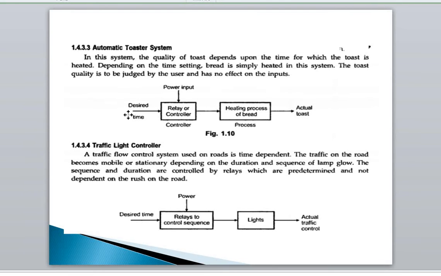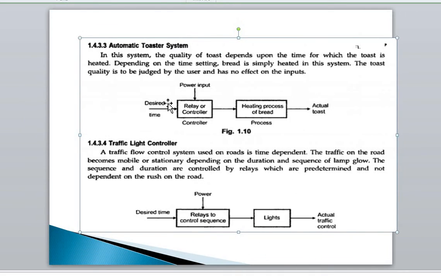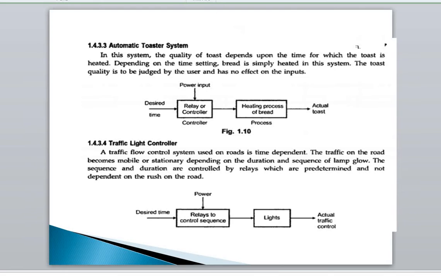So you have set the desired time, say 3 minutes. Then the power input is given. Then this is the relay or controller. Then heating or processing of the bread and the actual toast. There is no automatic measurement device to see how much the bread is toasted and then give feedback to the input.